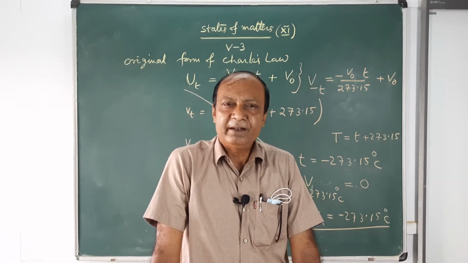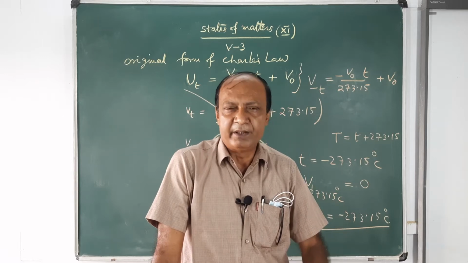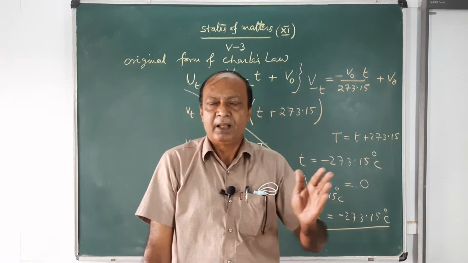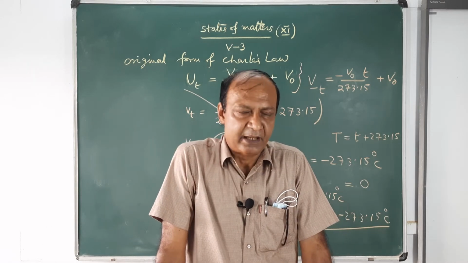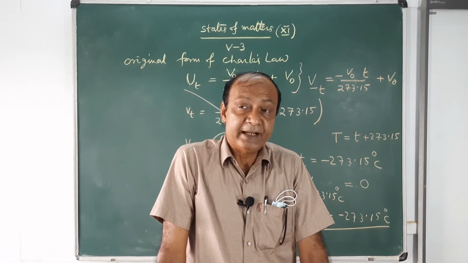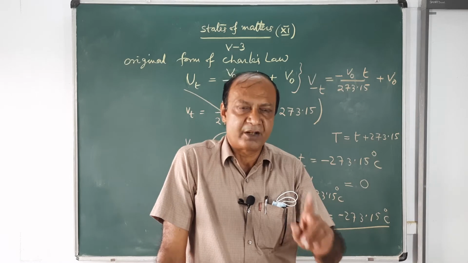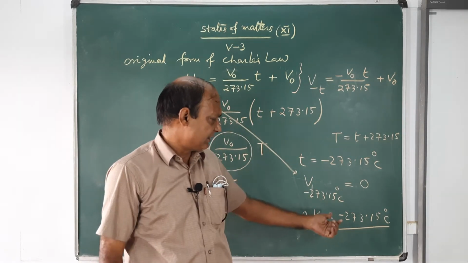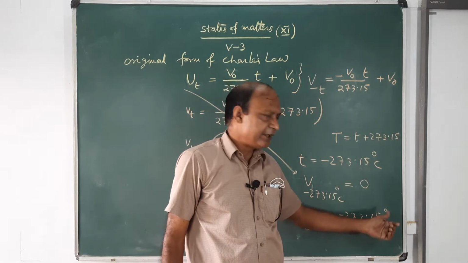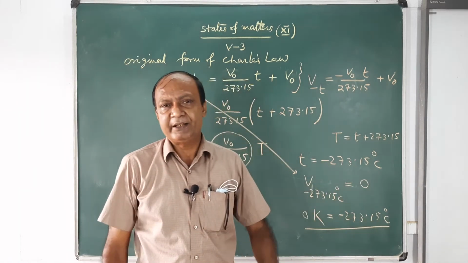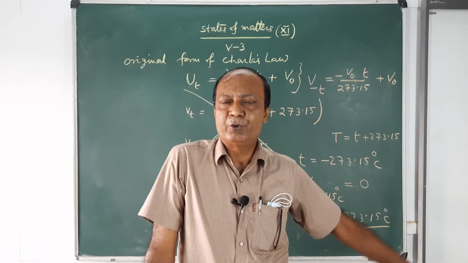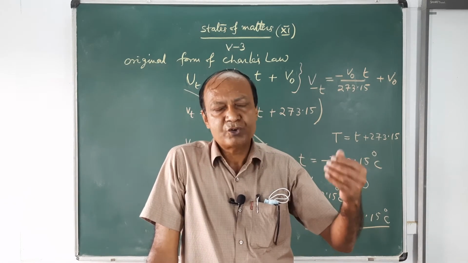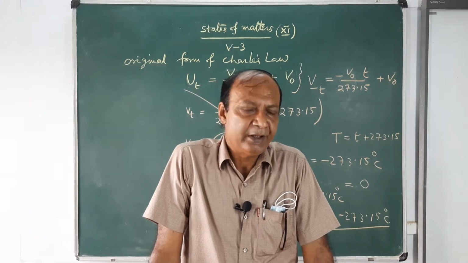So 0 Kelvin is the minimum attainable temperature by the gas, and therefore there is no concept of negative value of the Kelvin scale. You must remember it. Another point is, at this temperature the volume of the gases reduces to 0, and practically we have seen that before reaching minus 273.15 degrees centigrade, almost all the gases turn into liquid.